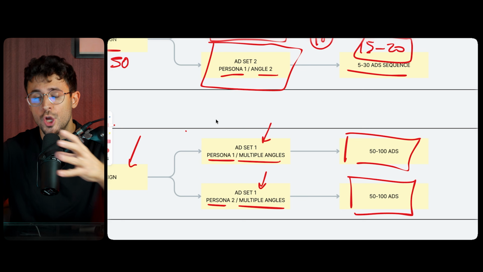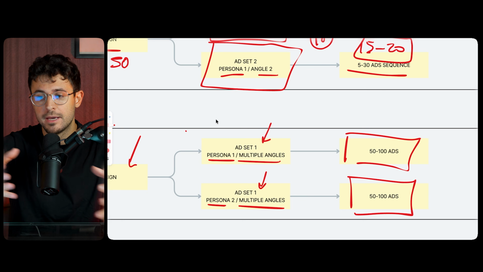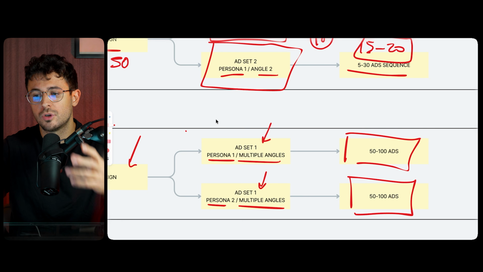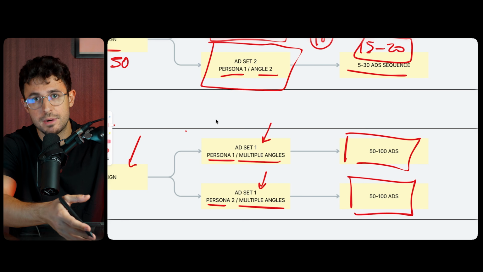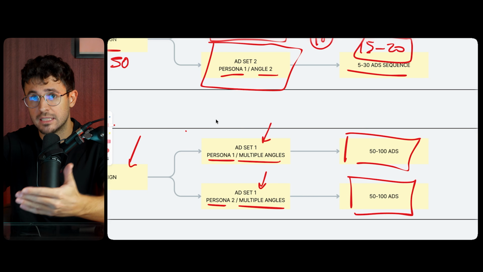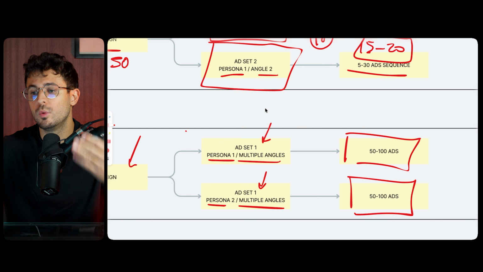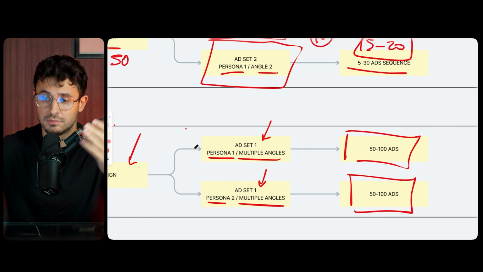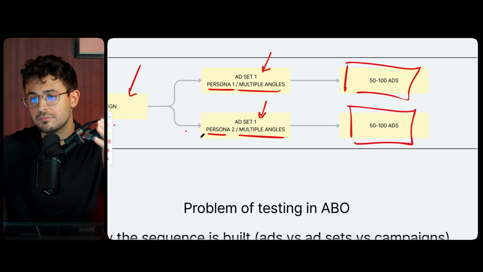Sometimes there are 3 angles that can fit one persona. And the sequencing, that's very important to mention, is not always built around the same angle. It's sometimes, not always, built under the different angles.